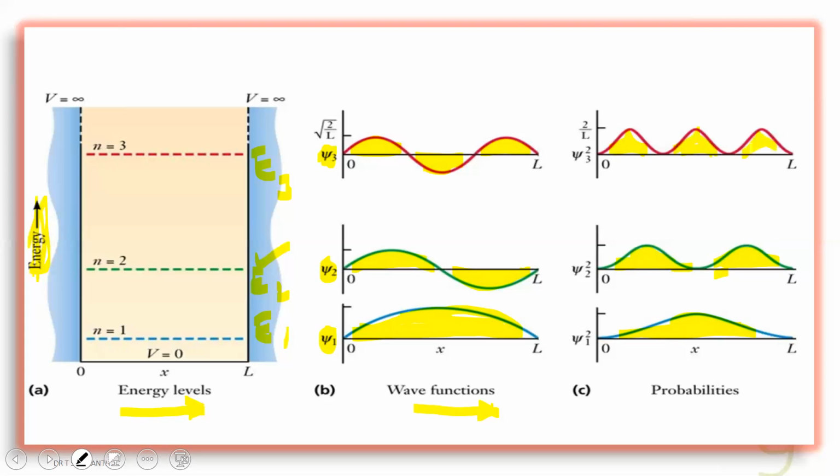So we observed that the probability is maximum at the L by 6 position. In that way, we are representing psi square versus probabilities, psi square versus x, and psi versus x. Thank you.